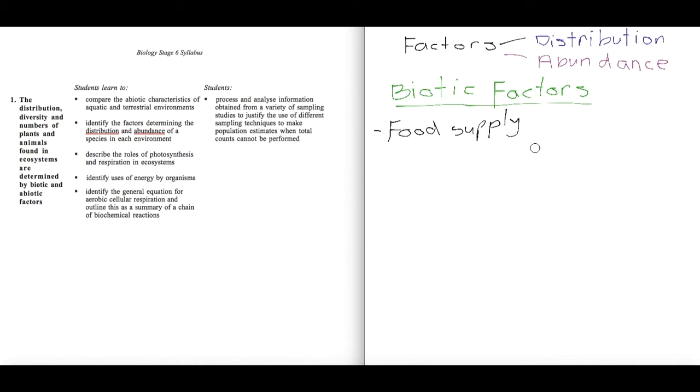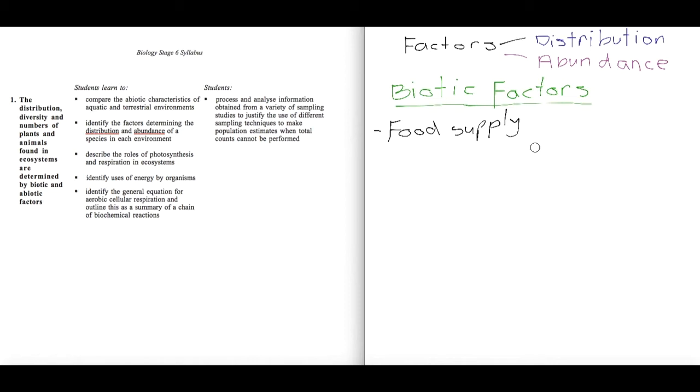So how does food supply affect the distribution and abundance of species? Well, if you have an area that has a large supply of food for a particular species, then this might cause more of those organisms to move into the area. So this is affecting the abundance of that species in the area.